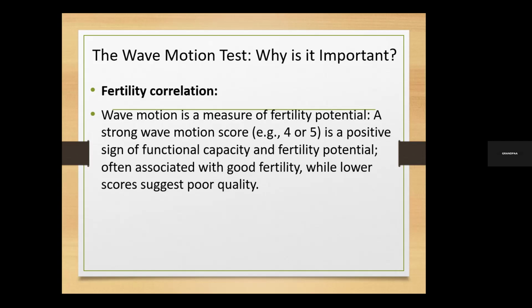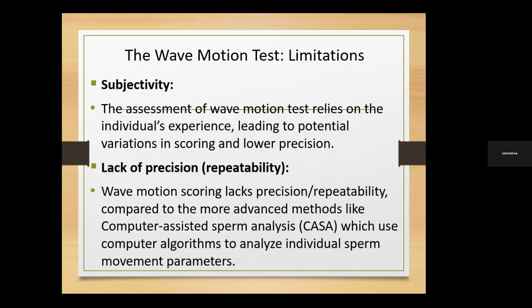Or the sample shows, hey, that place there, you don't have to joke with the place. So the wave motion score will give you a fair correlation with the fertility.